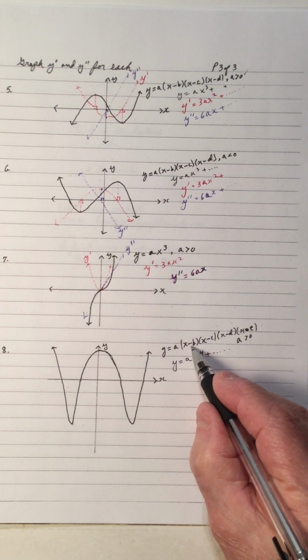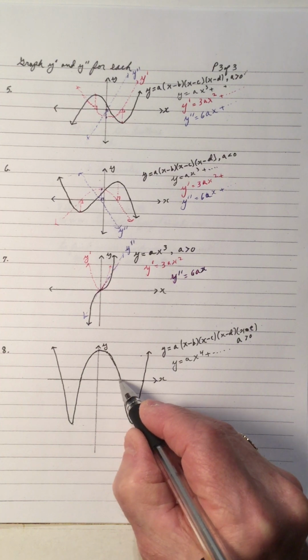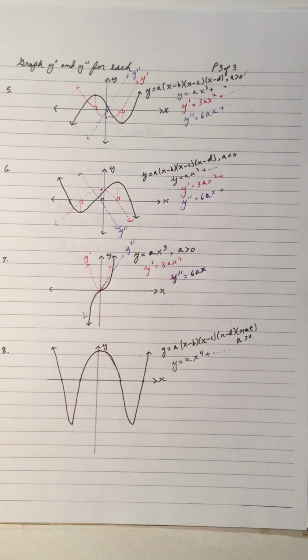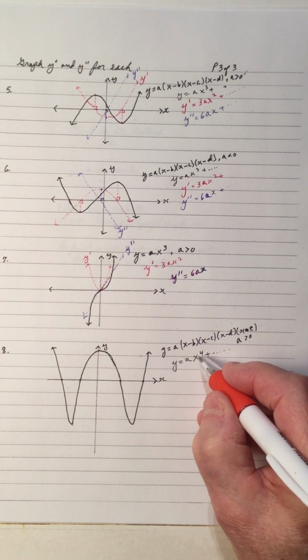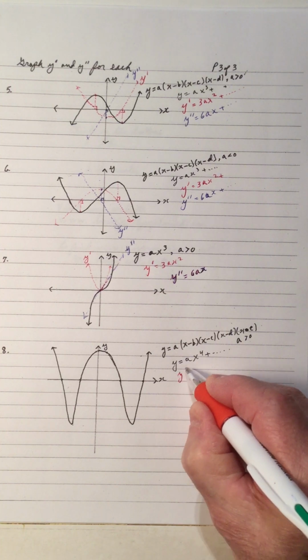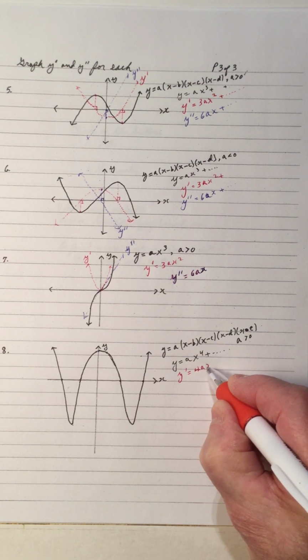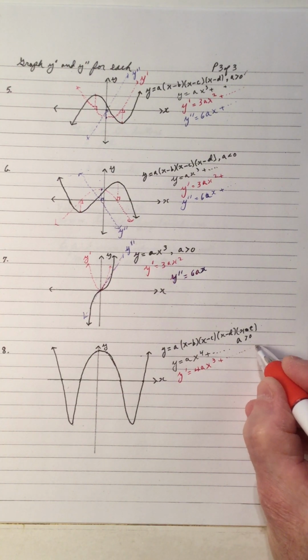Notice I have 4 brackets, so I have 4 intercepts: 1, 2, 3, 4. Now, the quartic is degree 4. So when I do the first derivative, I should get 4 times a x cubed plus x squared plus x plus a constant.